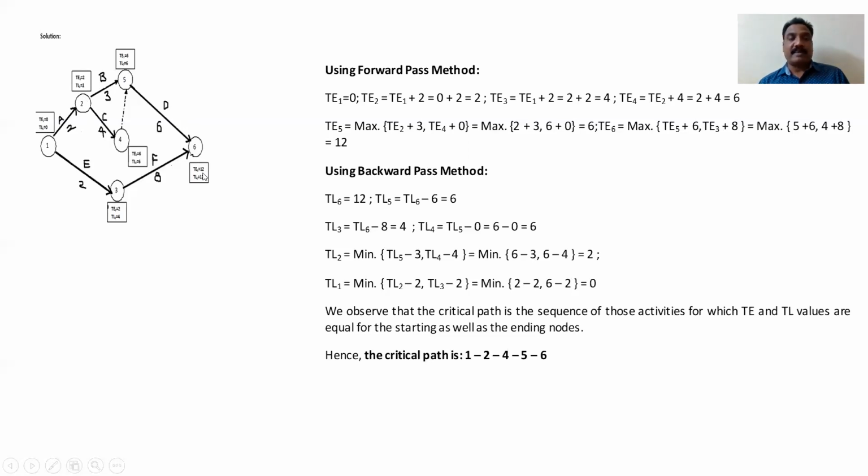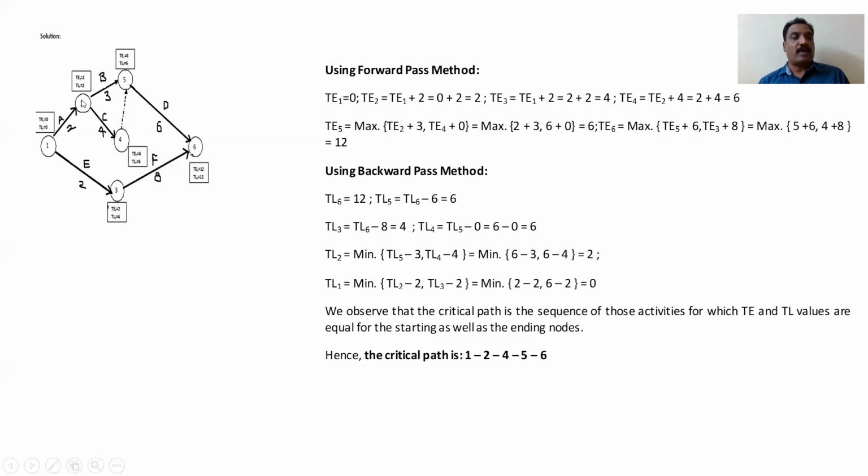Next, one more question is asked: what is the critical path? Critical path is nothing but wherever the TE and TL values are the same; those are the critical activities. For 1, we have the same value. For 2, we have the same values, 0, 0. Then 4, 6 and 6. Then 5, 6 and 6.